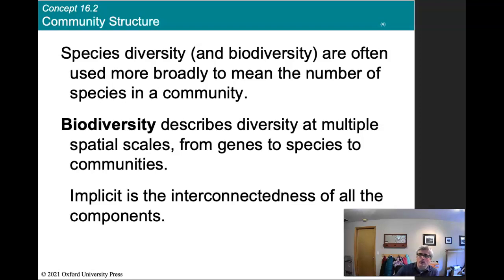So if we go from a species that's distributed all around the nation to it only surviving in a small pocket, and that species going through a genetic bottleneck, fixing a number of alleles and losing some other ones, that is a loss of biodiversity. Now, we could still have that species, it still exists, but it's lost biodiversity in that it's lost genetic diversity.